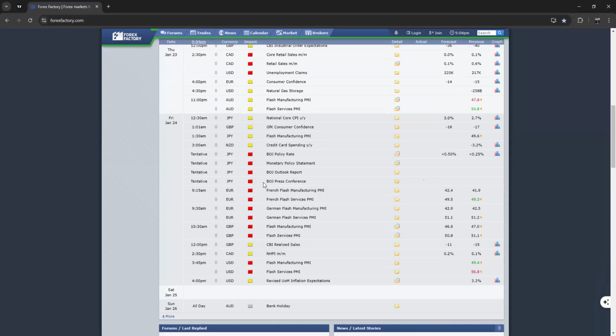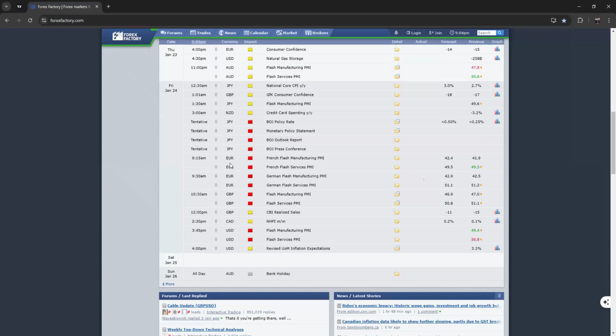Then Friday is a massive rate day. We have policy rate, monetary policy, outlook reports, BOG press conference, French flash. Friday has a lot of high impact news on GPY and Euro USD.